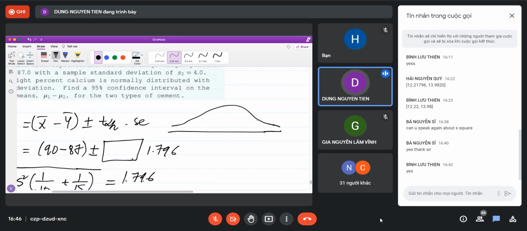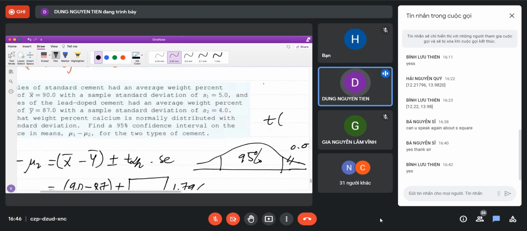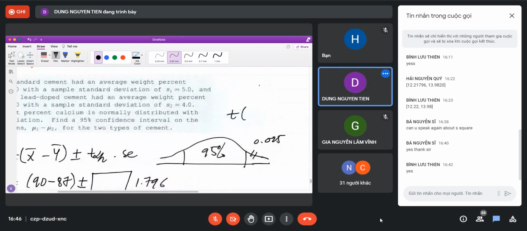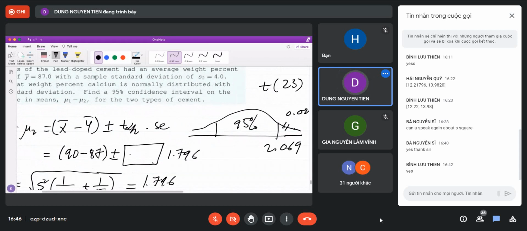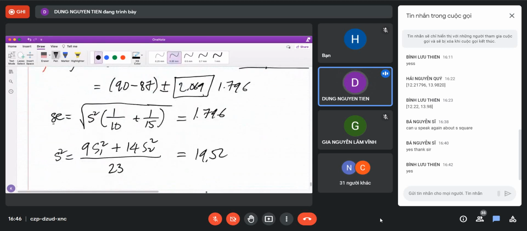It is a two-sided confidence interval, 95%, 0.025, and the degree of freedom in this case is 23. Okay, and then you can get the number 2.069. So you plug it into this expression, 2.069. All right, and then you can get a confidence interval for the difference in means.